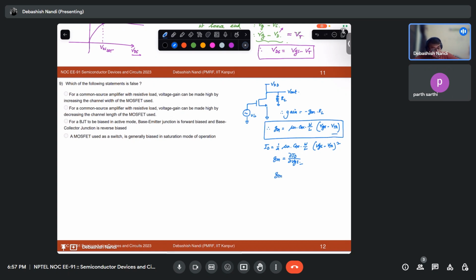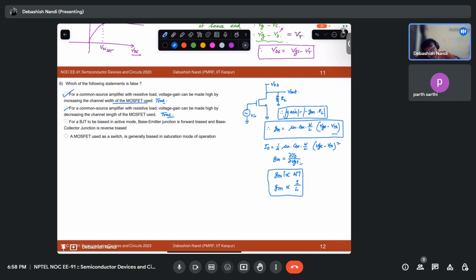So gm is proportional to W, and gm is proportional to 1 over L. So for a common source amplifier with a resistive load, voltage gain can be made high by increasing the channel width of the MOSFET. That is true. The modulus of the gain will increase if gm increases, and gm increases when W increases. Similarly, if L decreases, or channel length decreases, gm will increase and the gain will increase. So this will also be true.